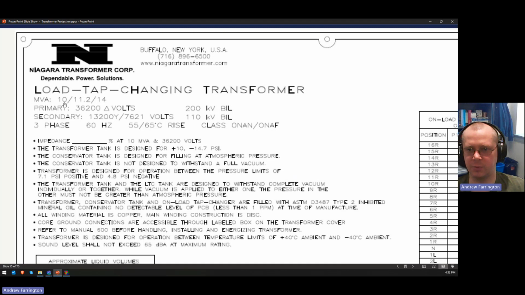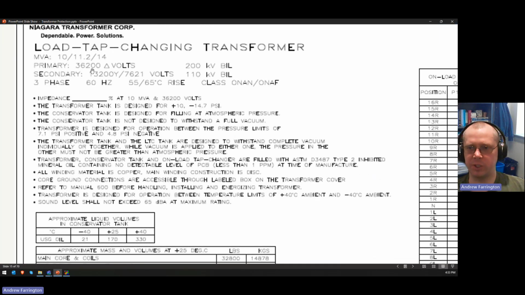So that's why it's a little bit confusing, but 10 is the ONAN rating at 55 degrees C, and then 11.2 MVA is the ONAN rating at 65 degrees C. And then 14 MVA is the top transformer rating, which would be at 65 degrees C, and then oil natural, air forced. So basically a bank of fans turned on.